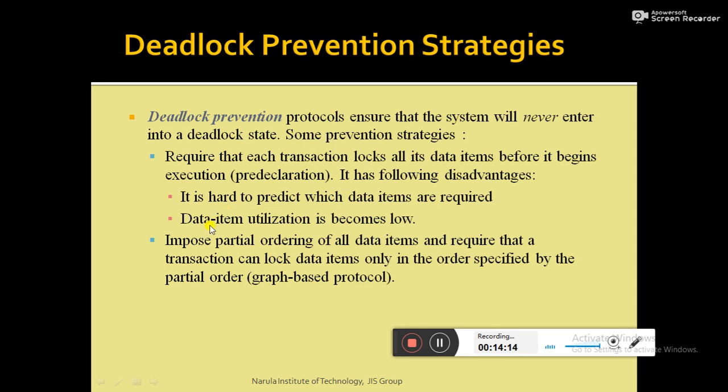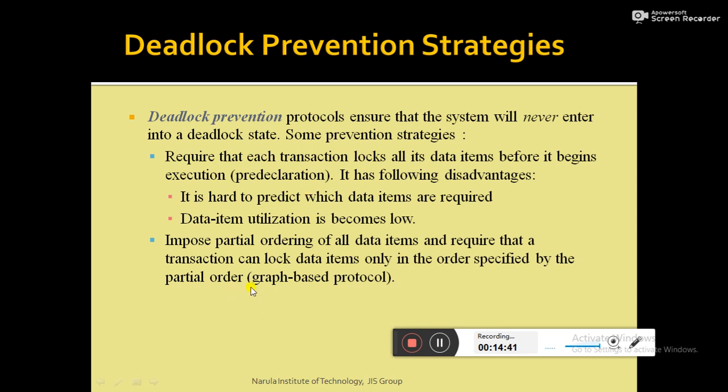So data item utilization becomes very low, because once a particular transaction has locked the data items, no other transaction can use them. So these were the disadvantages if the transaction locks all the data items before it begins execution.